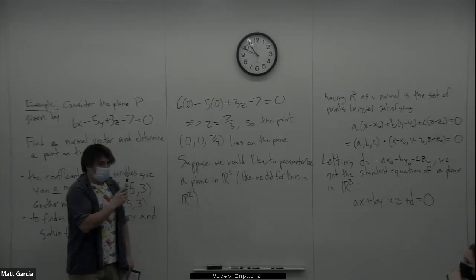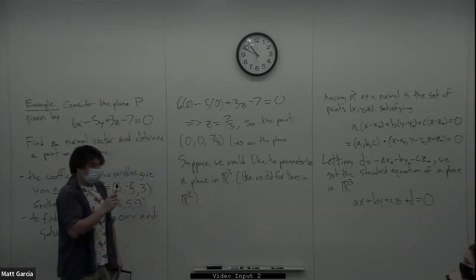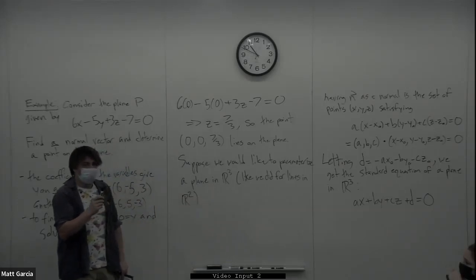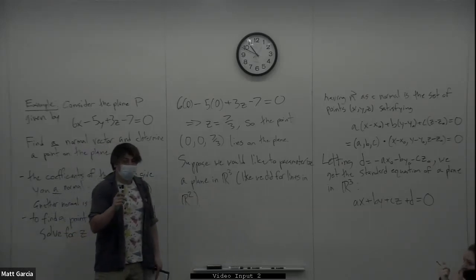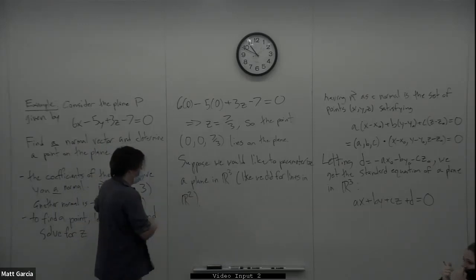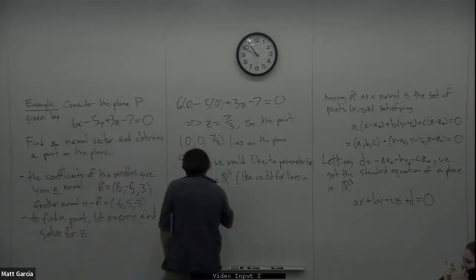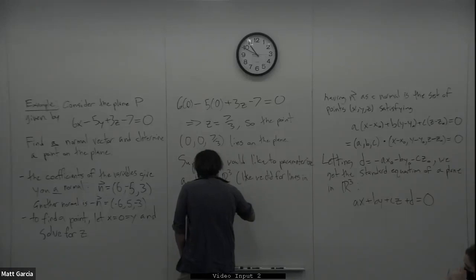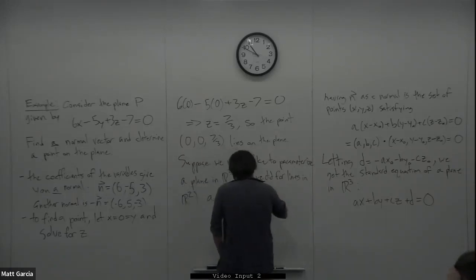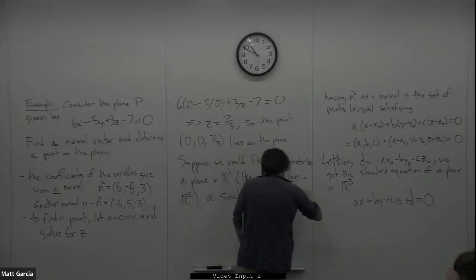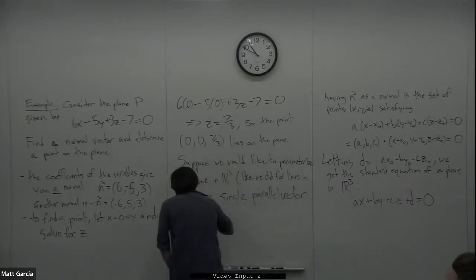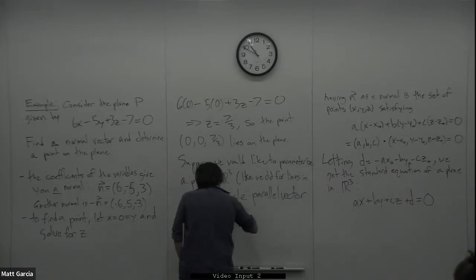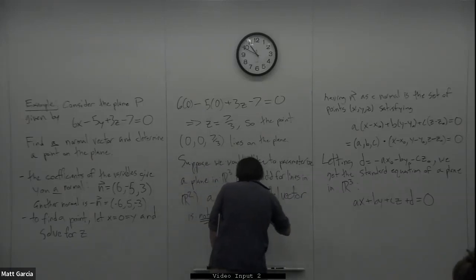We actually need a pair of parallel vectors, which are not parallel to one another. A single parallel vector is not enough to parameterize a plane.